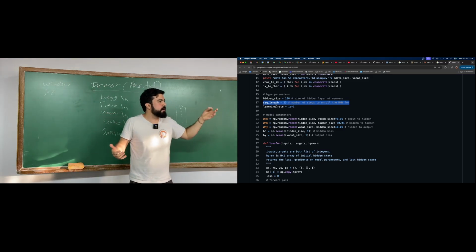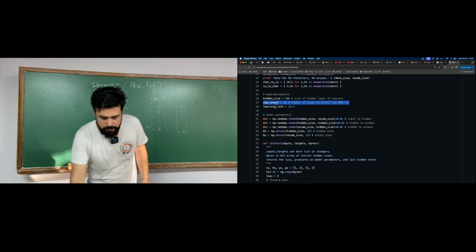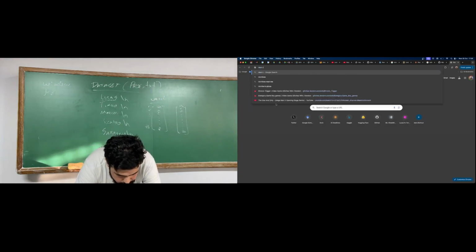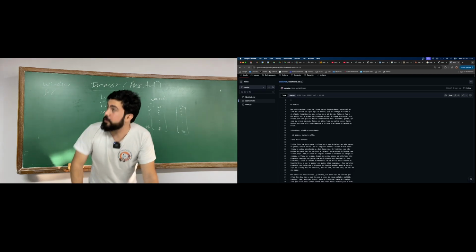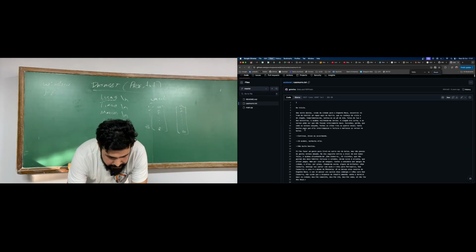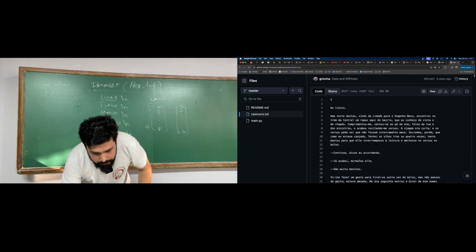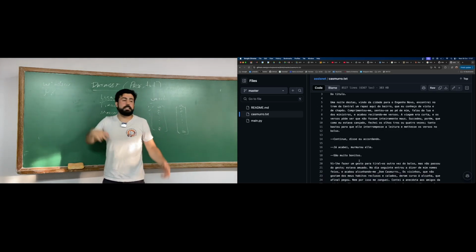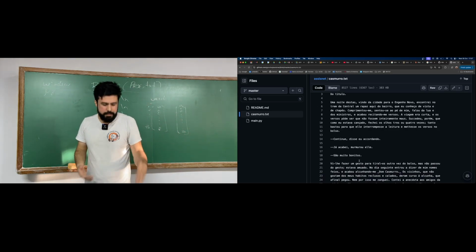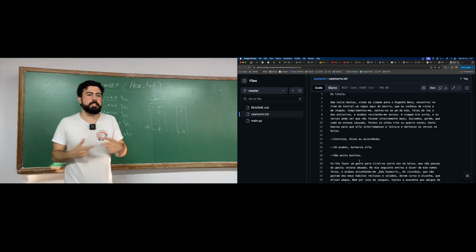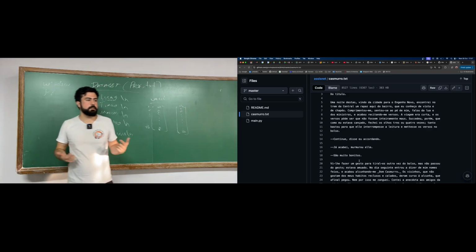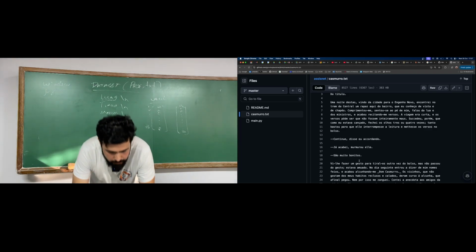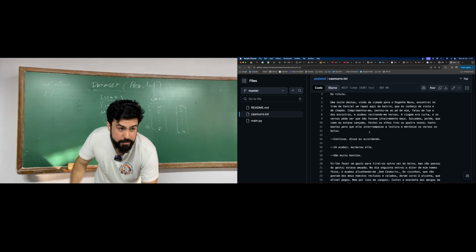Then chunks of 25 make sense. Okay? So you could get, for example, Dom Casmurro from a text file like this, and learn to generate text like Machado de Assis just by predicting the next character. Okay. And it's a really nice experiment to do.